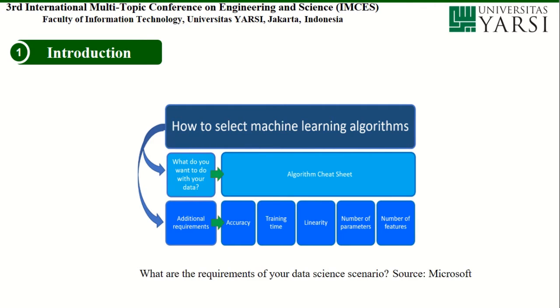What do you want to do with your data? So you need an algorithm search, and additional requirements: the accuracy, training time, linearity, number of parameters, and number of features.